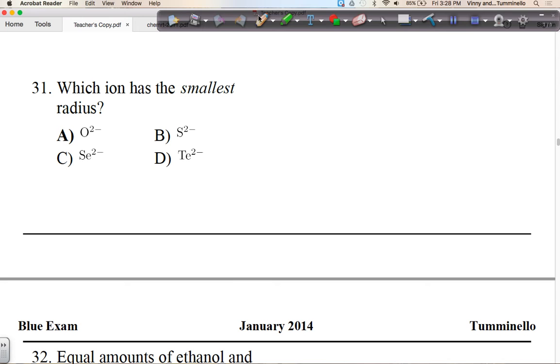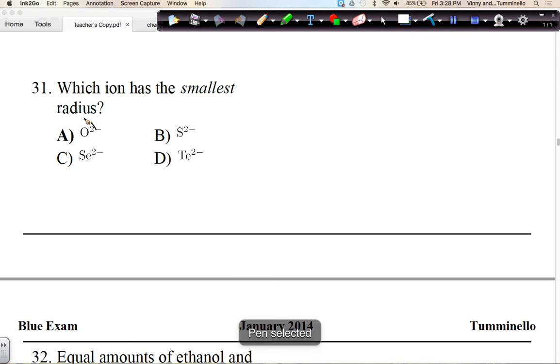They're asking for the smallest radius. That will be the O-2, and that again is because they all have the same charge. Each atom gains 2 electrons to become a -2 ion, and O-2 has 2 shells, whereas each subsequent choice has another shell, and more shells means larger radius.